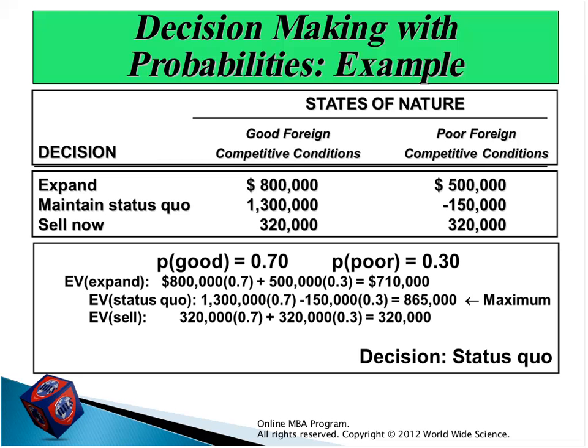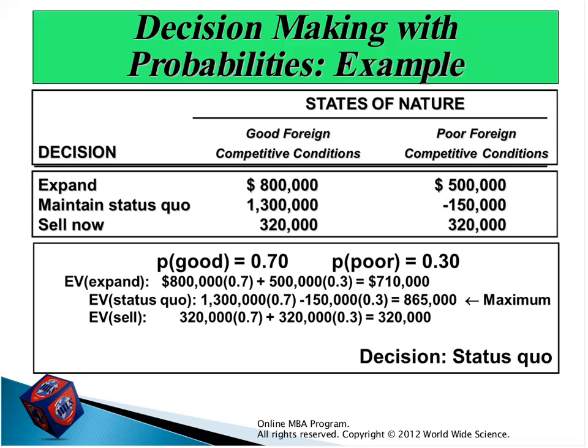If you calculate this line, expected value for expand is calculated as 710,000. Expected value is the same for maintain.